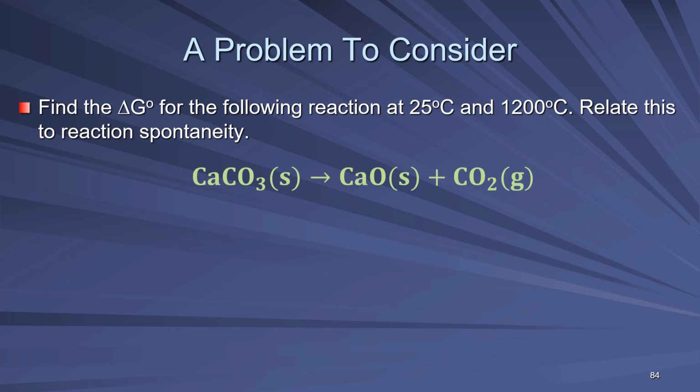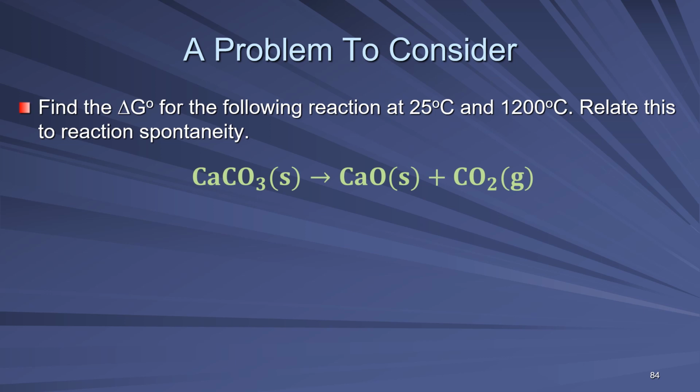That's often what happens on chalky ground: carbon dioxide is released and we can get these holes in the ground. Anyway, the question is, is this reaction spontaneous at these two different temperatures, at 25 degrees Celsius or at 1200 degrees Celsius? Let's see if they're spontaneous or not.